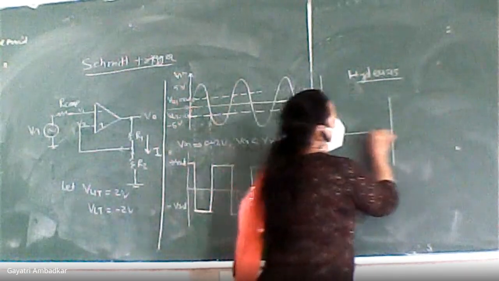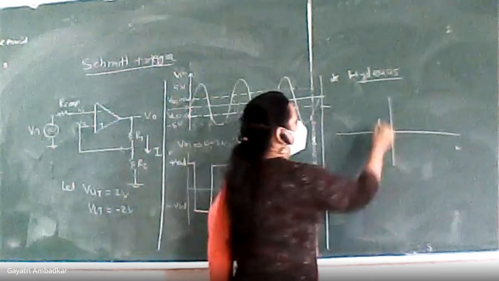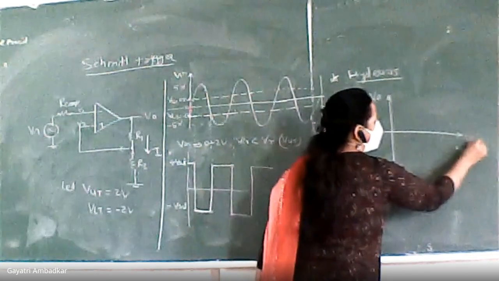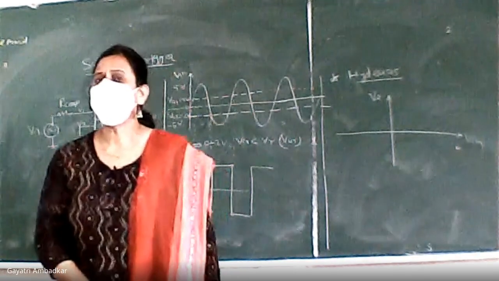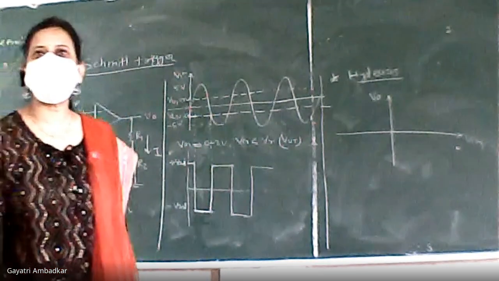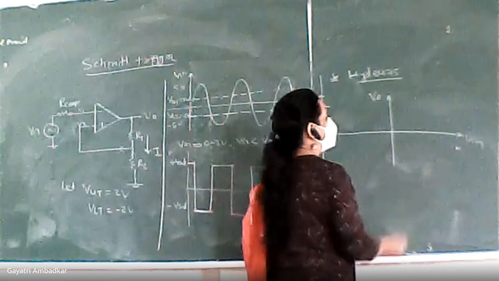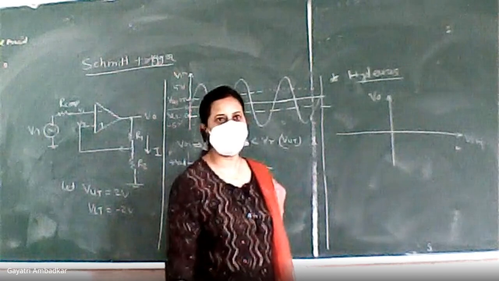Let's draw, important. On this axis I draw output voltage, on this axis I draw input voltage. Let's see how your output is changing when input is changing. The changes in the input are reflected on the x-axis, and the changes in the output will be reflected on the y-axis.